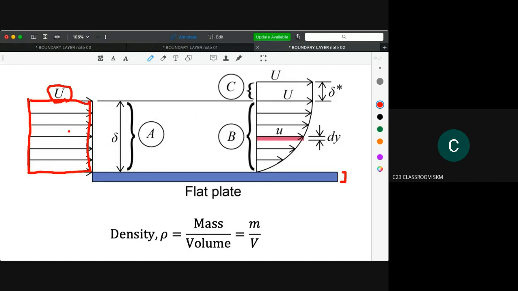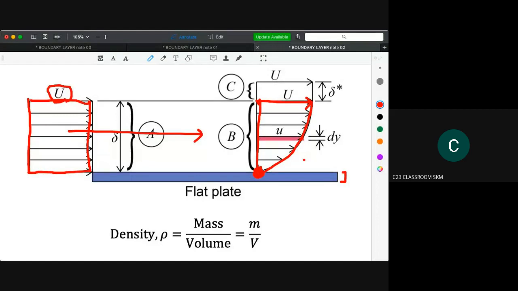When the flow flows over the flat plate, the velocity distribution will occur like this one. We have the no-slip condition here, so the molecules stick very hard, and it creates a distribution like this one.